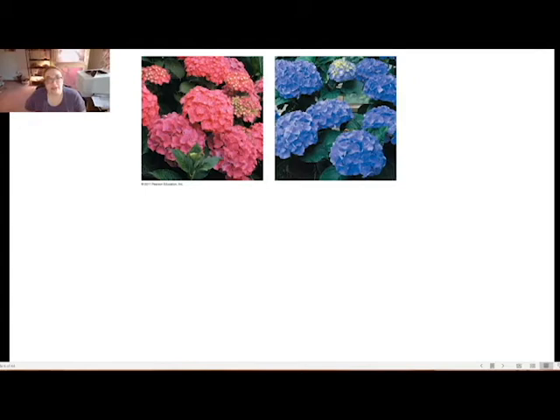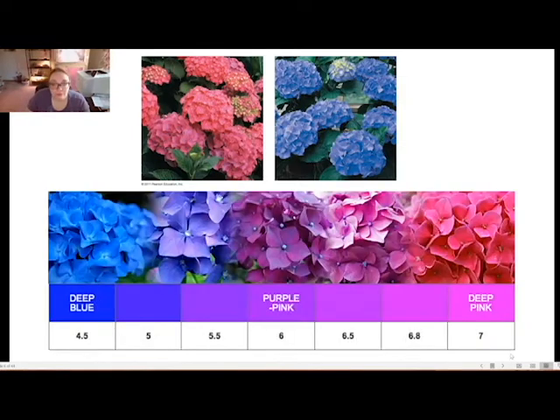Sometimes we see things that have different appearances and we assume it's a genetic difference, but it isn't always the case. So not all physical differences have to do with genetic variation. Sometimes variation is due to an environmental condition. So that's the case here with these hydrangea flowers. For this type of flower, the flower color depends on the pH in the soil.